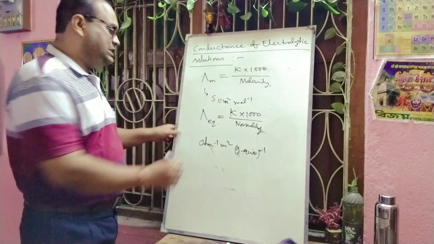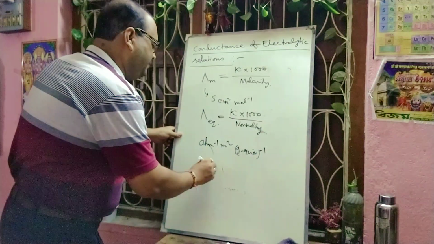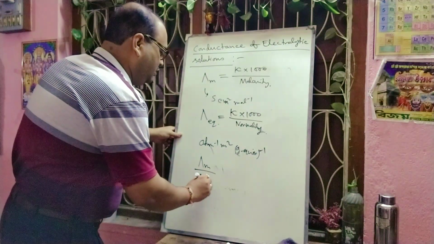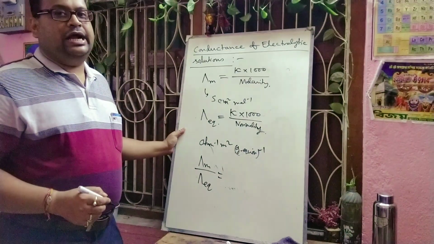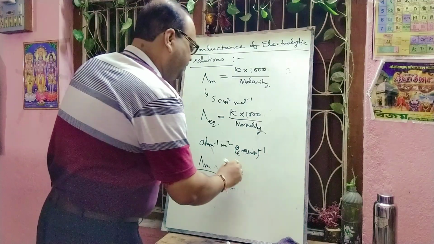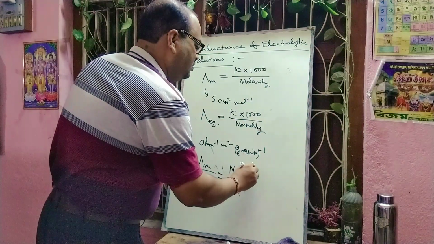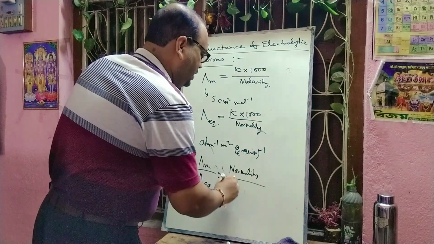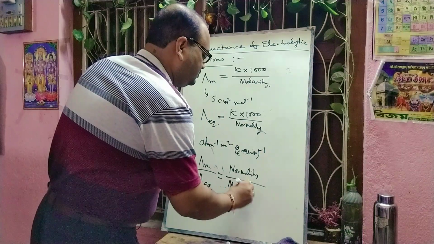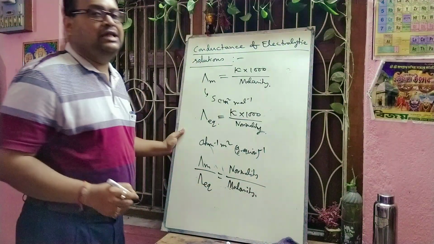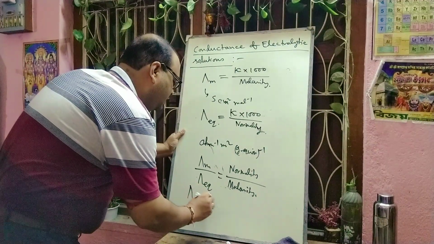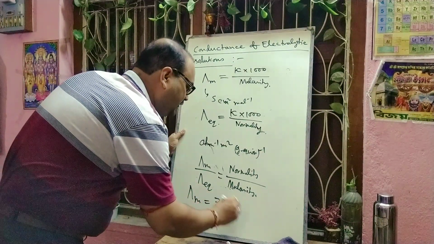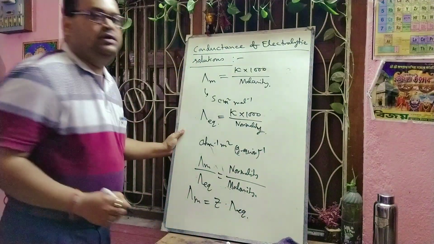Simply if you take the ratio, that is lambda m divided by lambda eq, from here what you will get? We will get normality by molarity. Or otherwise we can write that lambda m is equal to z into lambda equivalent.